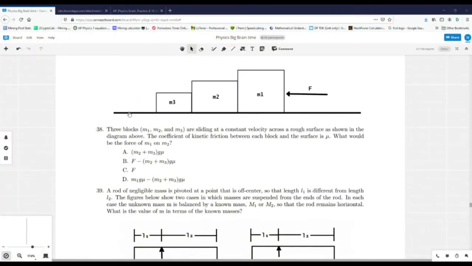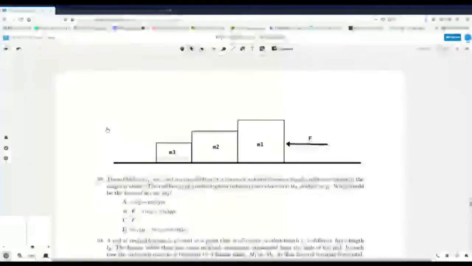Okay, waiting for 3 more answers. I guess 2. I already know it's Sahil, but so 2 more. Okay, 1 more.